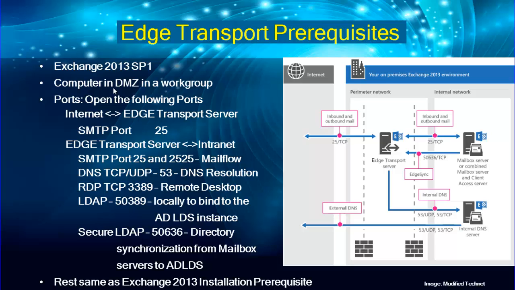It's definitely preferred, and it's a secure way, to keep the Edge Transport Server in the DMZ. If you don't have one, there's no restriction on it. I have my Edge Transport running in the same production environment, in the same network, so it's not giving any added benefit. It's my lab, so it's just for my testing. But if I had a production, then I might like to go for a DMZ beyond the firewall.